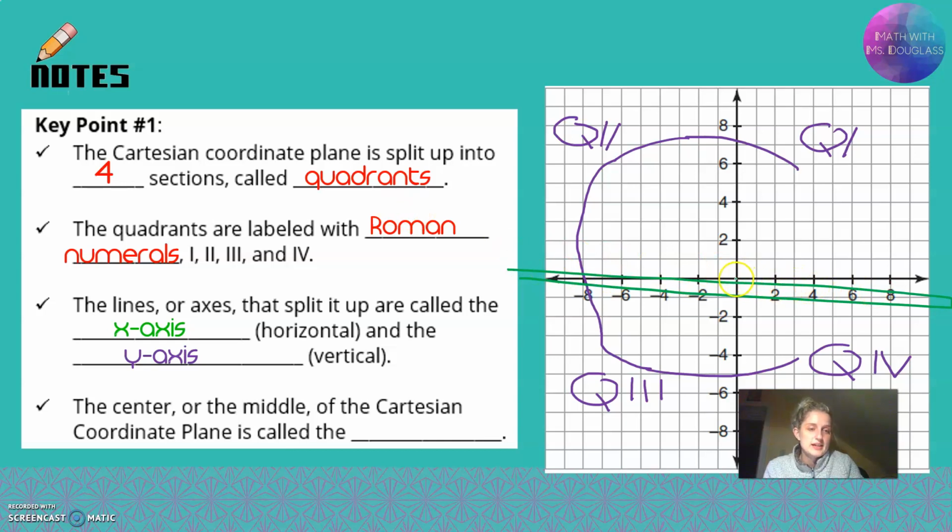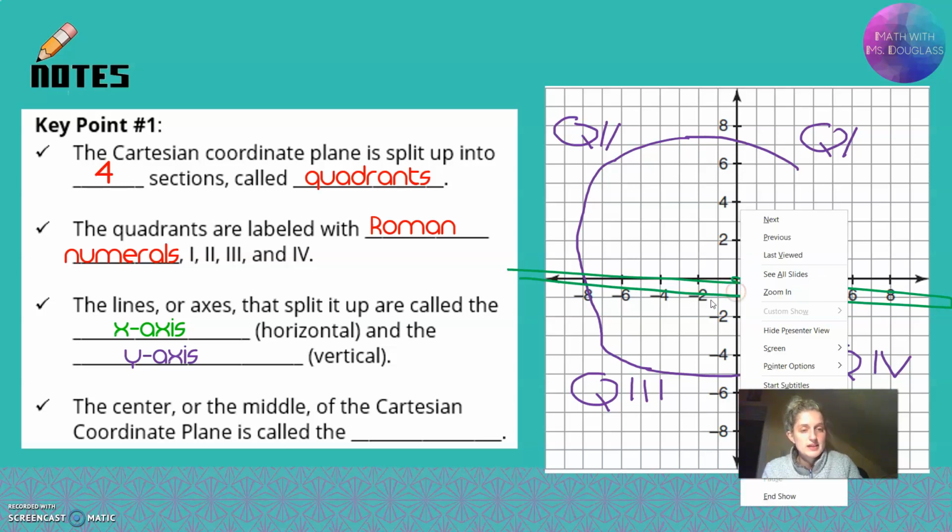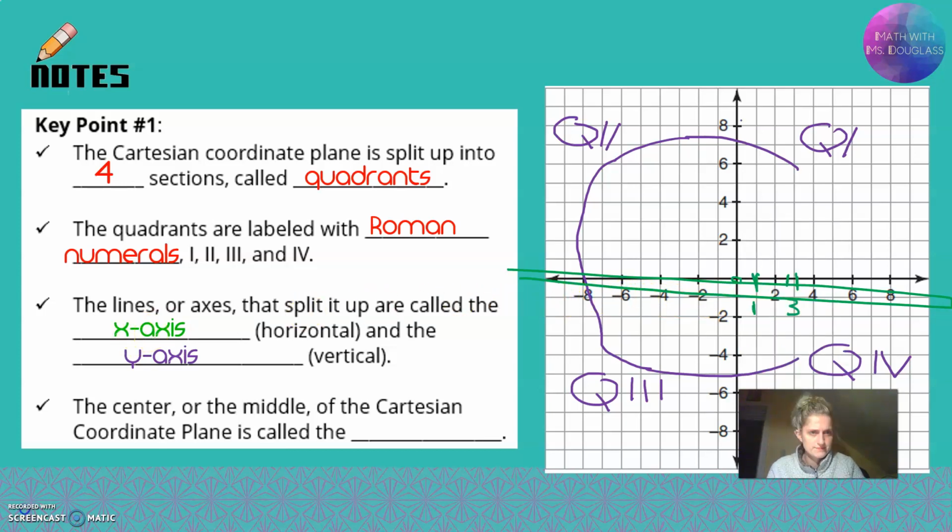Notice that I don't need to label every single number in there, but this would be the number 1, 2, this would be number 3. If I had to go in between them and say like 2.5, that's possible. This number right here is going to be 0. And same with my y-axis as I go up and down. Here's my y-axis, up and down.